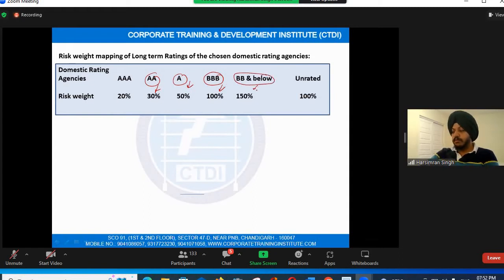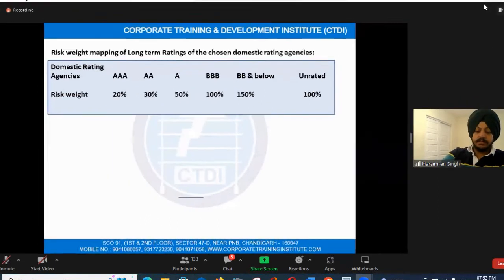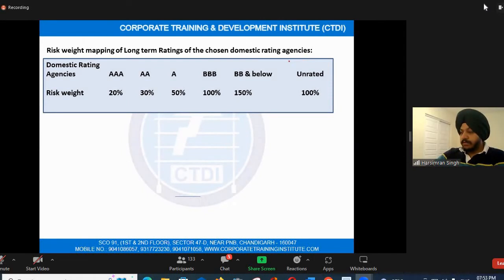Double B and below, 150%. And if it is unrated, 100%. In India, corporate advances are unrated. So that is why we take 100% risk for any corporate advance.